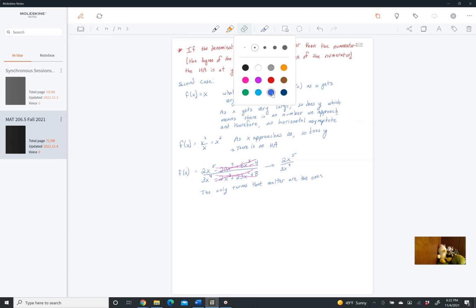are the ones with the highest power. Because the others are so much smaller that they are insignificant.